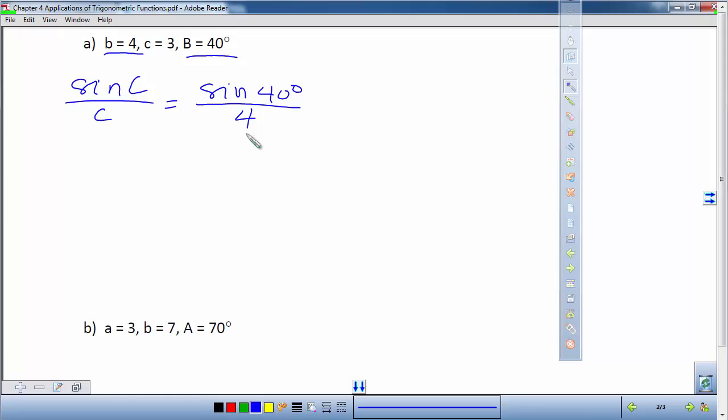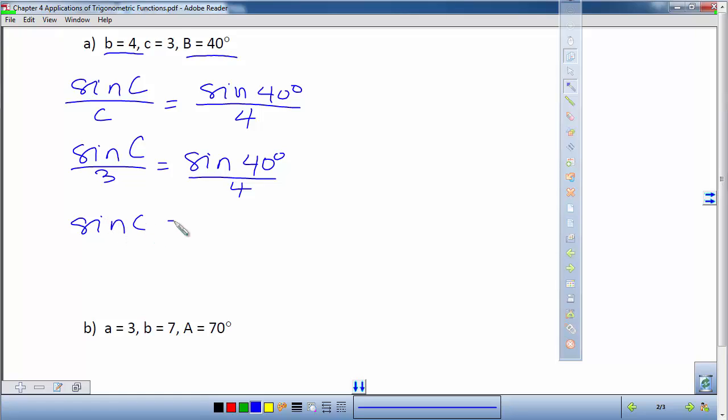And we need to solve for angle C. So I could have gone on and put that over 3. Okay, sine C equals 3 times sine 40 degrees over 4. Okay? So how do I figure out what C is from here?